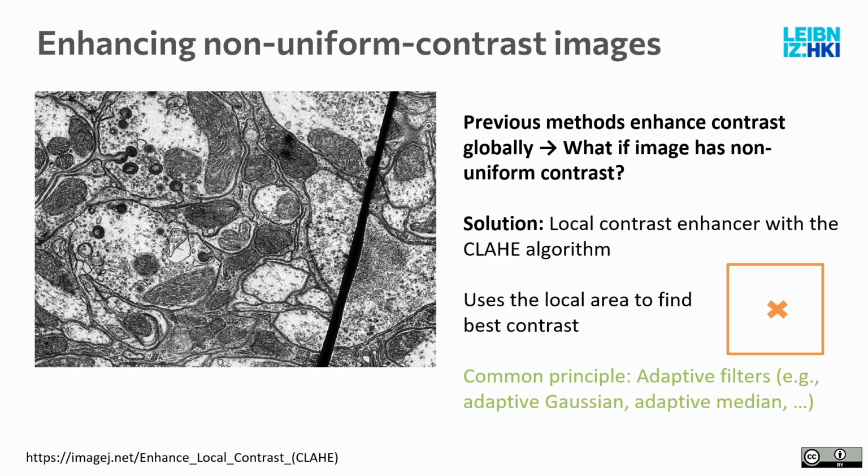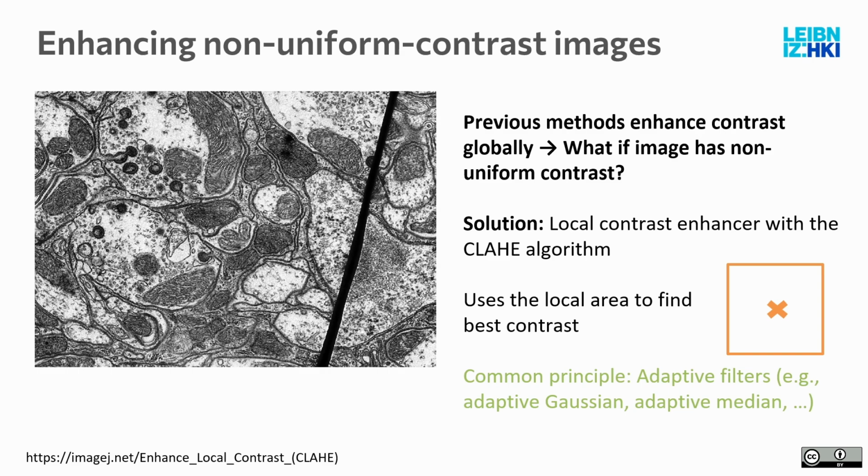This is actually a very, very common principle. There are many algorithms that you can find that apply such local operations and are smart. For example, there's a local adaptive Gaussian filter, adaptive median, and even some image processing tools like Photoshop have an adaptive Gaussian filter that blurs everything that has the lowest information, but leaves everything that has structure alone.